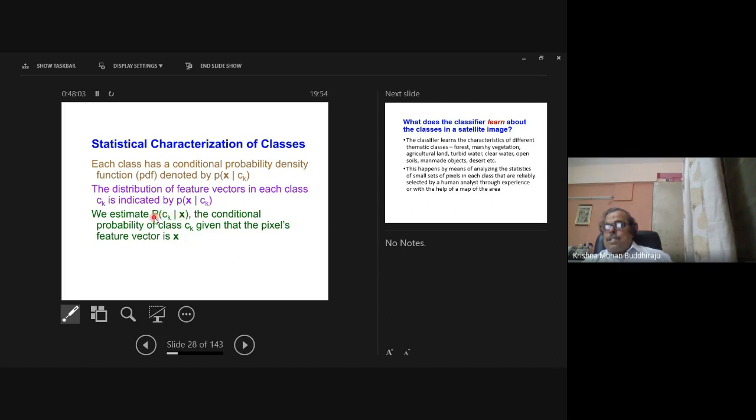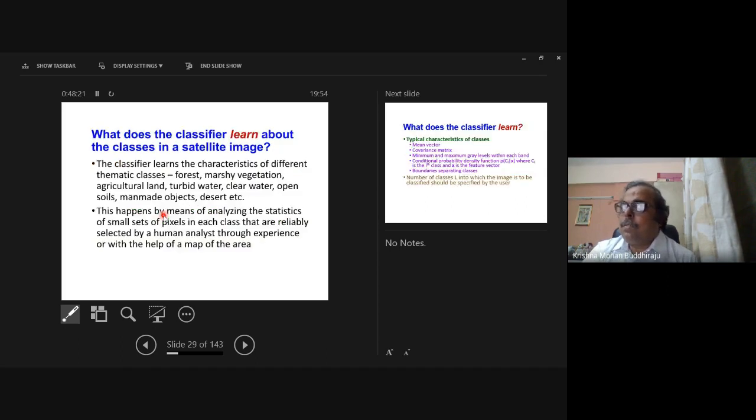Okay, so this needs to be computed after the classifier trains to relate X with the classes. So typically, what does the classifier learn? It has to learn the characteristics of different thematic classes.